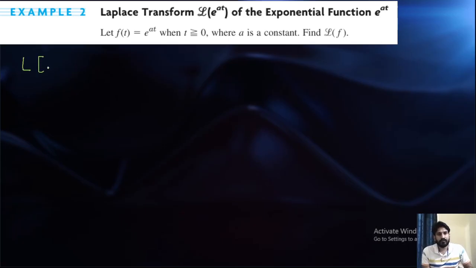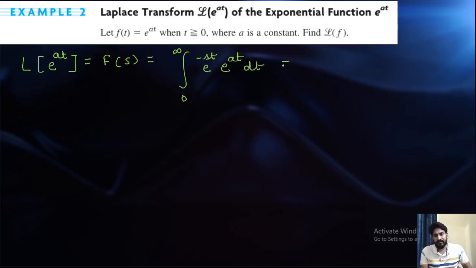Again, I'll start the process. Laplace of e raised to power at. What will be the Laplace transform of this function? It is the integration from 0 to infinity. First of all, this is my function and I have to multiply it by e raised to power minus st into dt. I can write this as 0 to infinity e raised to power a minus s into t into dt.